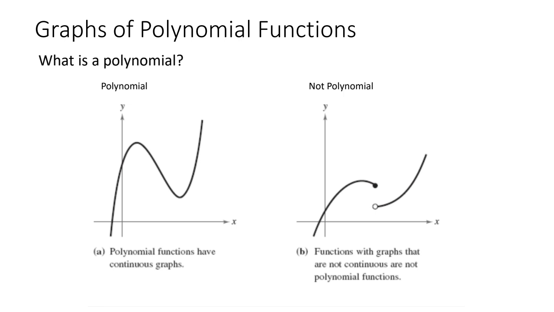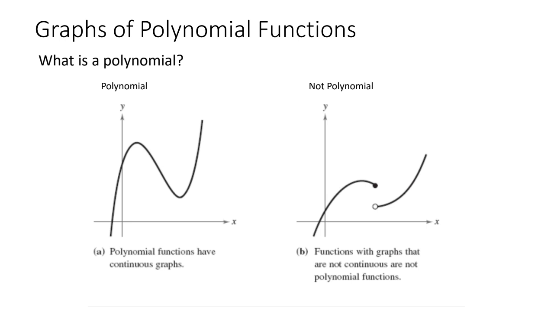So graphs of polynomial functions. What is a polynomial function? If we're talking about graphs of polynomials, we were taught that it is any graph that has smooth curves and that I can graph without lifting my pencil. If I can do both of those things, then this graph is a polynomial.